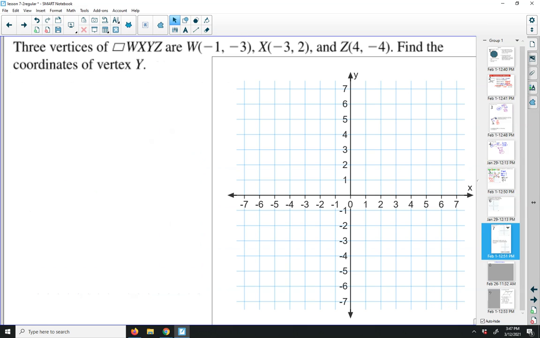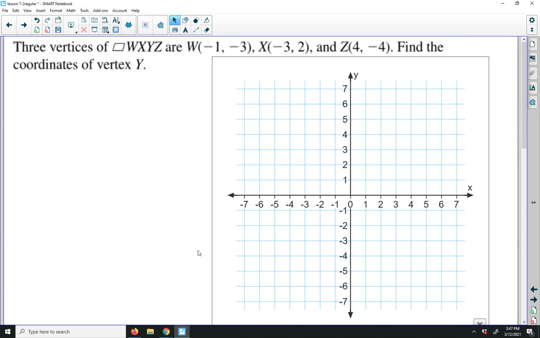Looking at our next type of problem, this one asks me to find the coordinates of a vertex. Three vertices of parallelogram WXYZ are given, and we are looking for the fourth. W is -1, -3, X is -3, 2, and Z is 4, -4.